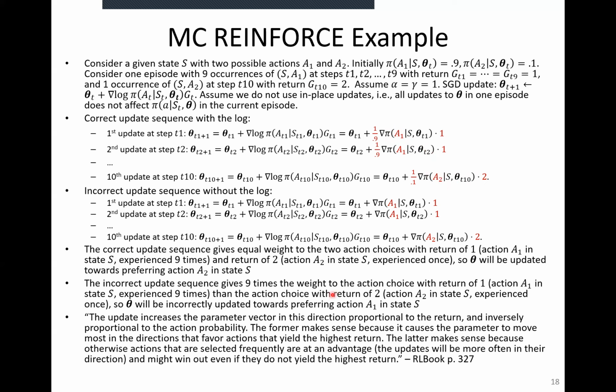For the incorrect update sequence, it gives 9 times the weight to the action choice with return of 1 than the action choice with return of 2, which is A2, because you're adding up the updates 9 times without the correcting factor.